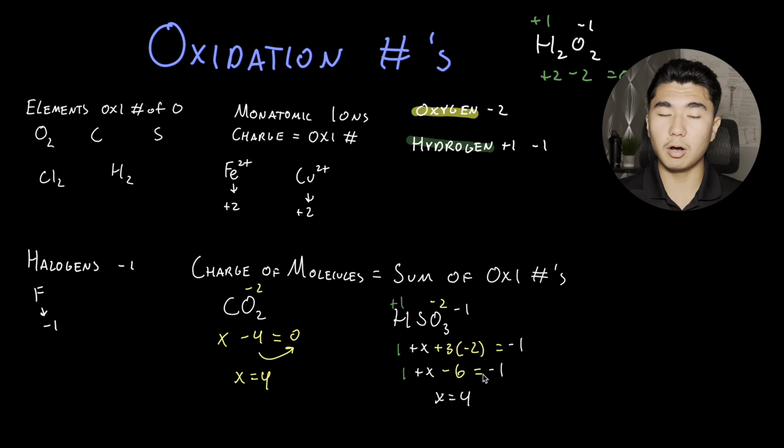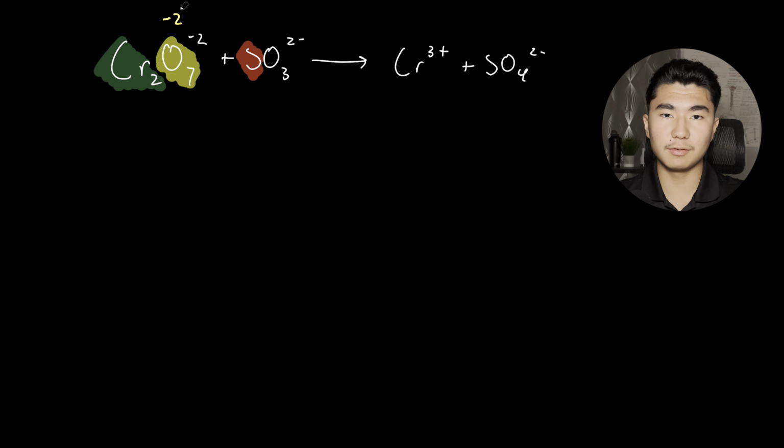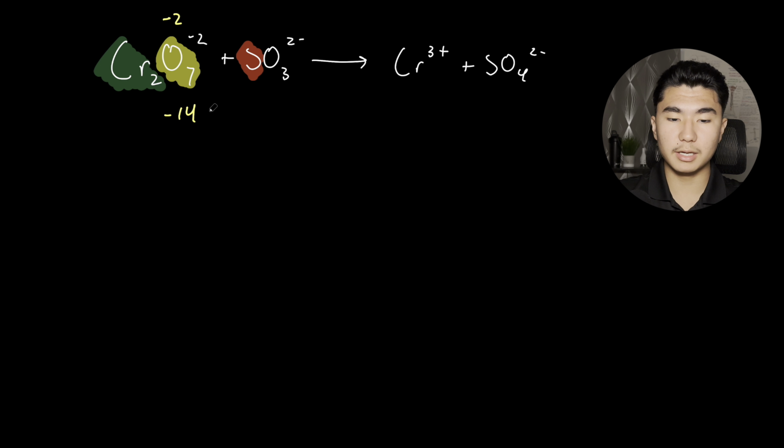But we have to keep in mind that this O7 is 7 times -2, which is -14. So we can write -14 over here, and that equals -2, because, like we said, the charge of the molecule equals the sum of our oxidation numbers. So we know that chromium is going to be our X. But we have 2 of chromium, so this is going to be 2X.